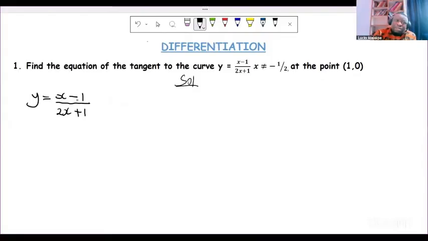So now that we have been given this, it is division, so we are going to apply the quotient rule to do this.